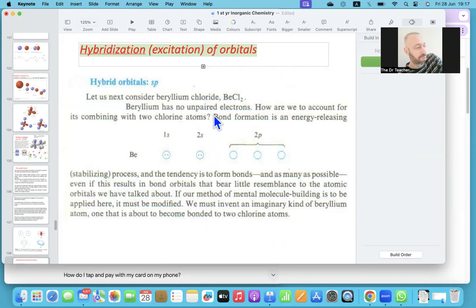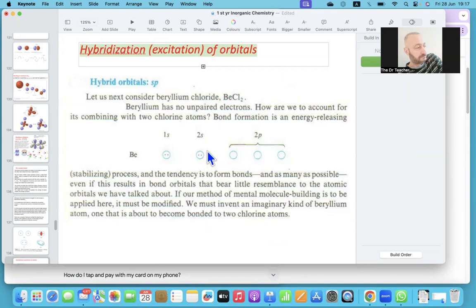So the beryllium atomic number is 4: 1s2, 2s2. We also have to write 2p, because the 2p belongs to the second main shell.